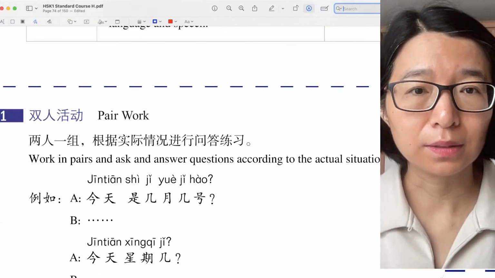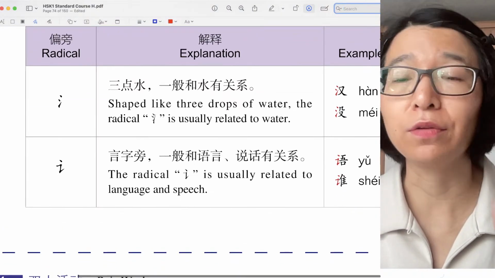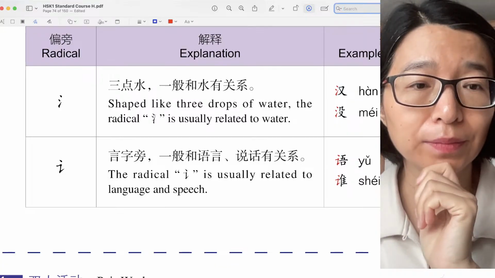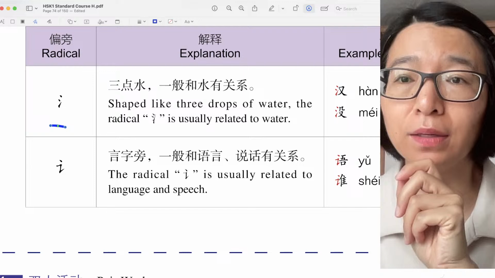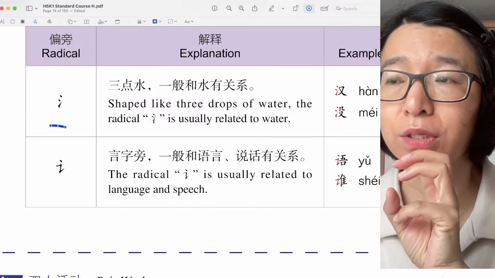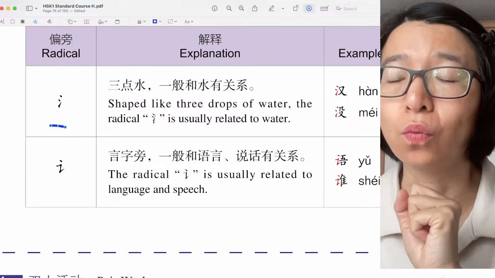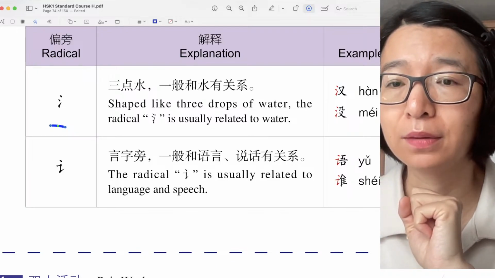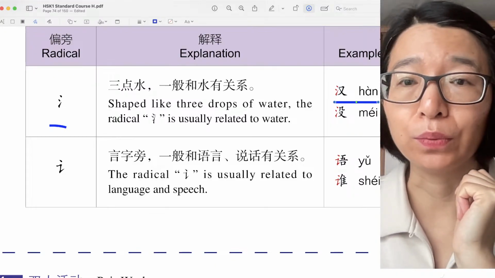Okay, yeah, let's say other characters. Okay, if there are 3 dots, here you can see 3 dots. Generally, if you see a character with 3 dots, you know this character is usually related to water. Okay, 汉. Okay, we're learning 汉语.